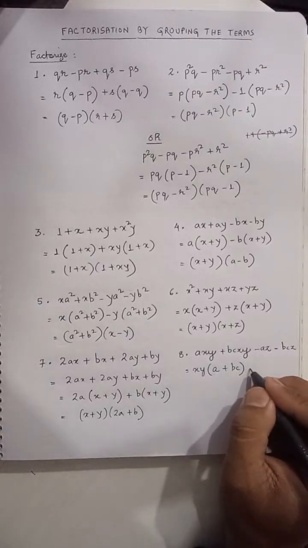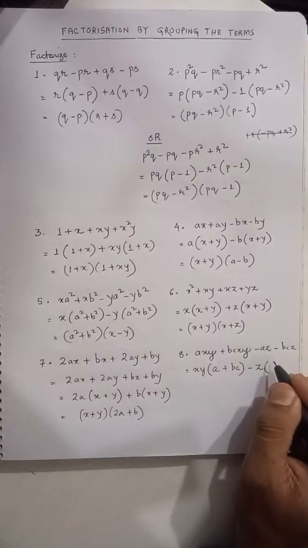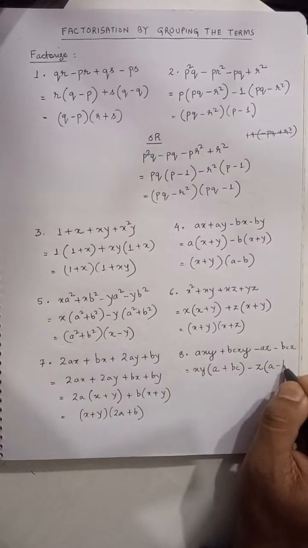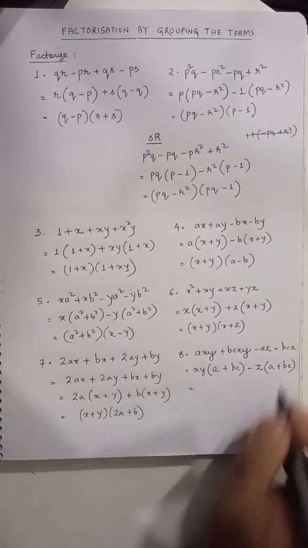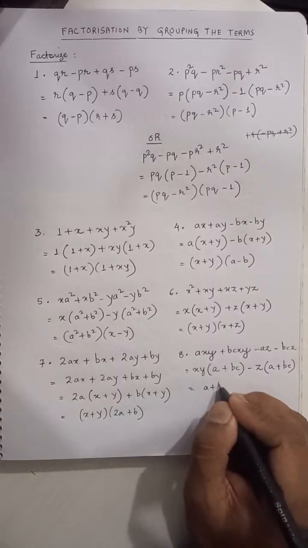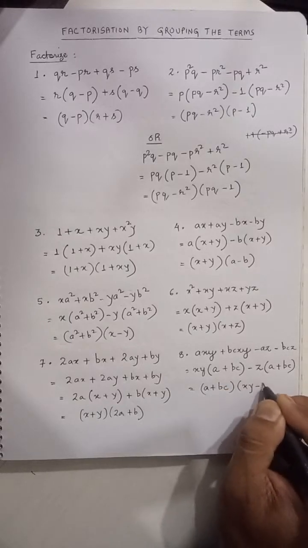Okay, and then we can take out minus Z, and then we will be left with A plus BC. Then we can take A plus BC and A plus BC as a common factor and write down the remaining XY minus Z.